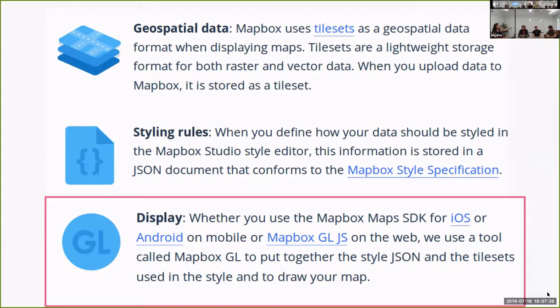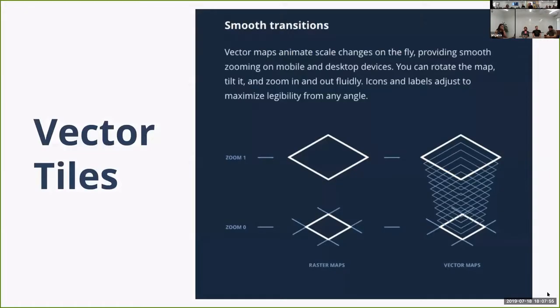And so once we've got our data, we've got our rules for how we want that data to be styled, then we can put that all together in the client's lived experience of the map using our SDKs for mobile, for web, JavaScript, and also other platforms like I mentioned, Unity, for example. In this case, I'll focus on the JavaScript and mobile side of things.